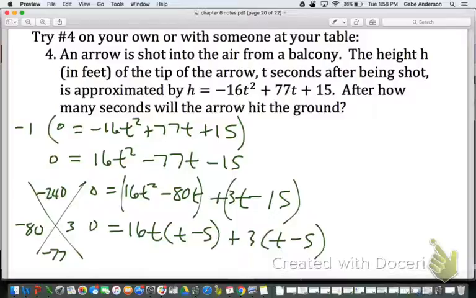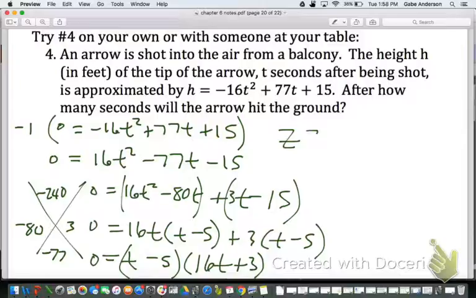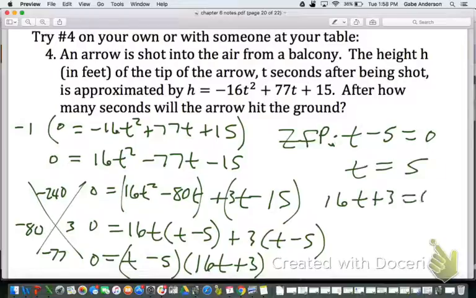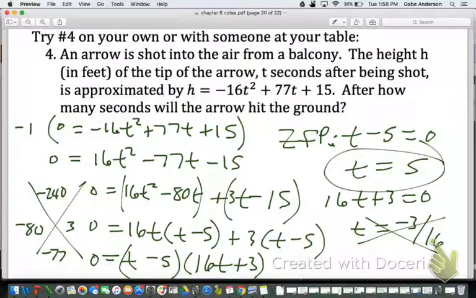Factored out again, 0 equals t minus 5 times 16t plus 3. Zero factor property gives us t minus 5 equals 0, which gives us t equals 5. And 16t plus 3 equals 0 gives us t equals -3/16. Of those two answers, -3/16 makes no sense. T equals 5 does make sense.